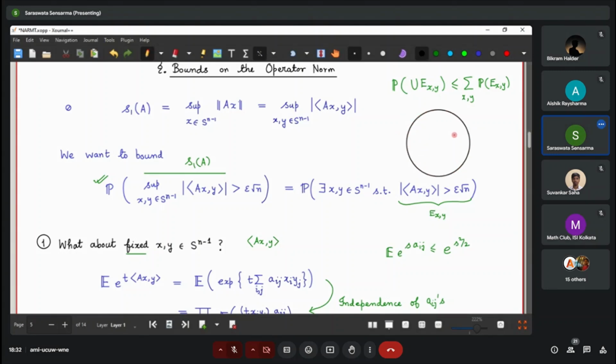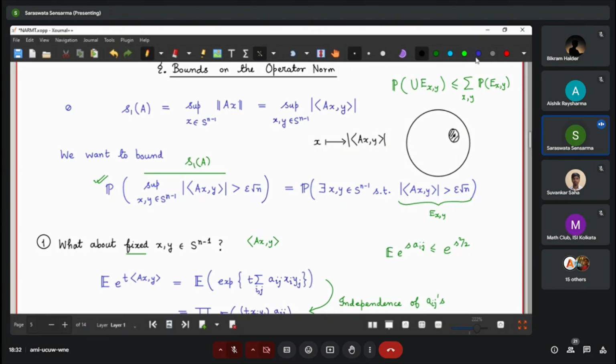Look at the sphere, and look at this map, which takes x to the modulus of Axy. This is a very well behaved map in the sense that it is continuous. It's Lipschitz continuous. So once I can control it for one point, I have basically controlled this quantity in a neighborhood.